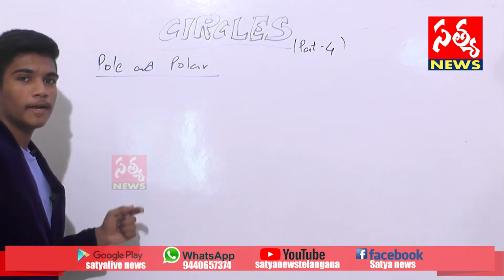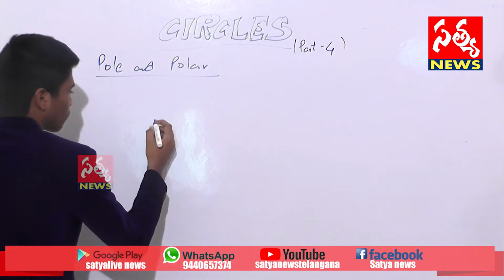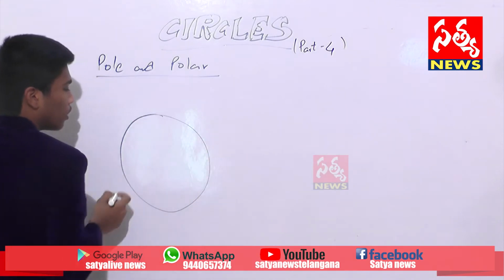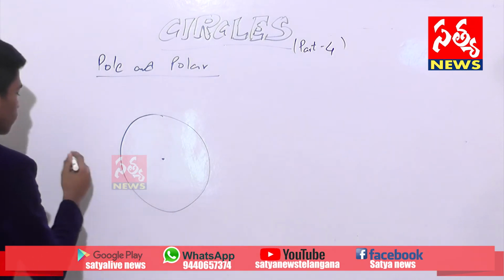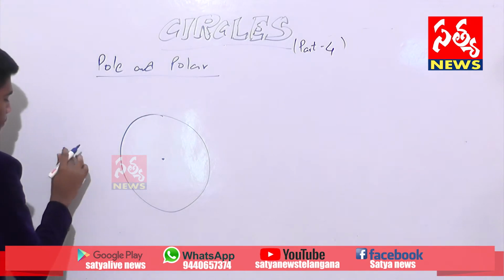Rather than explaining this by a definition, I am going to show it in a graphical way. First of all, I am going to take a circle and a point P, x comma y.